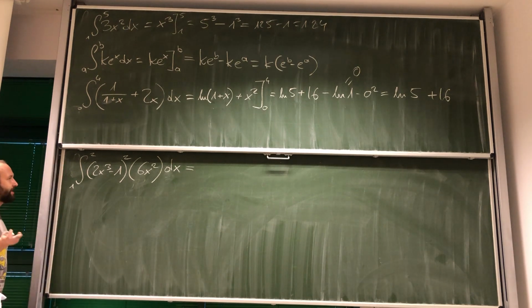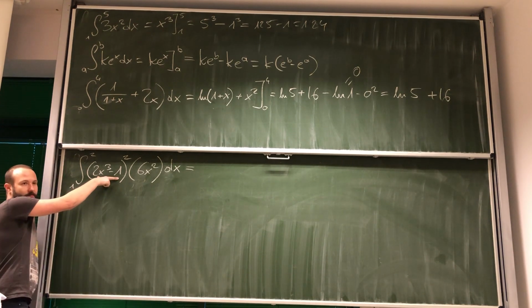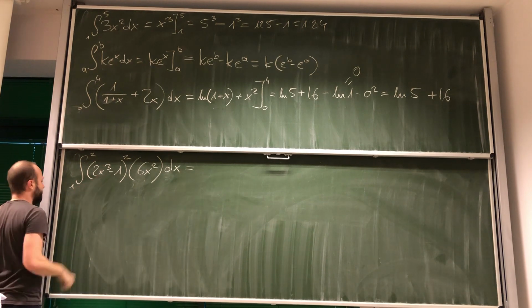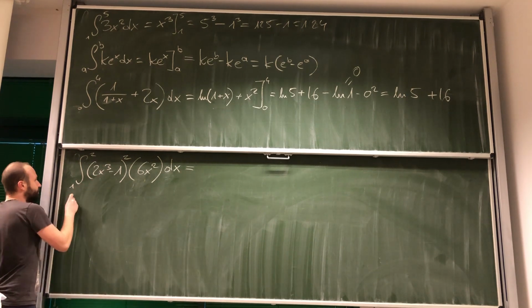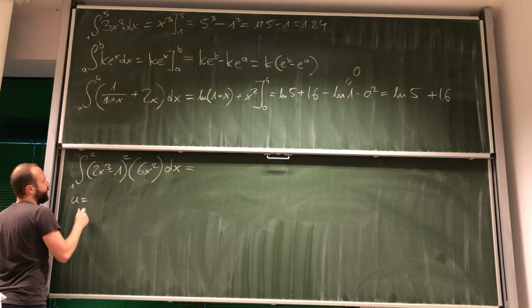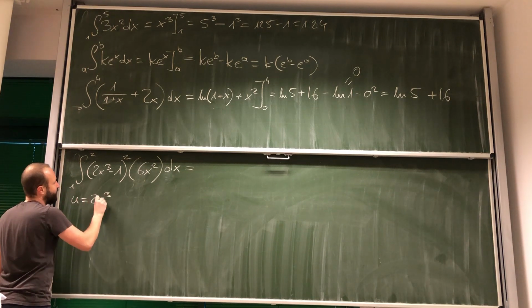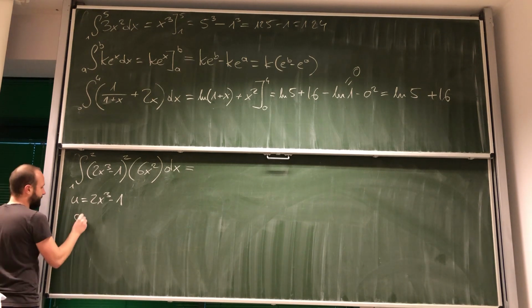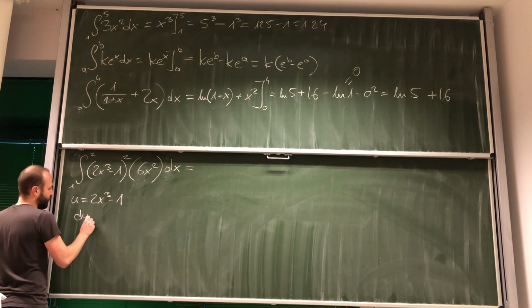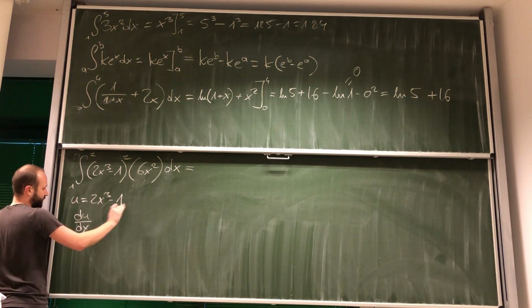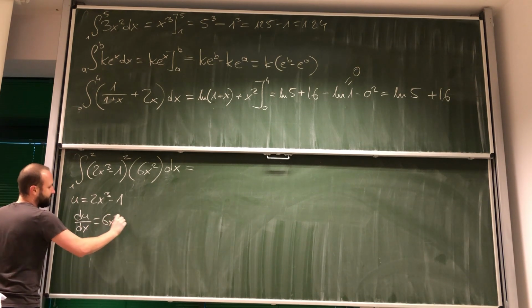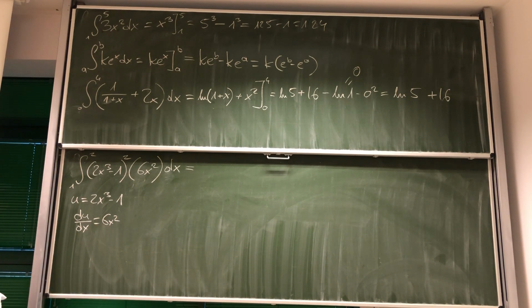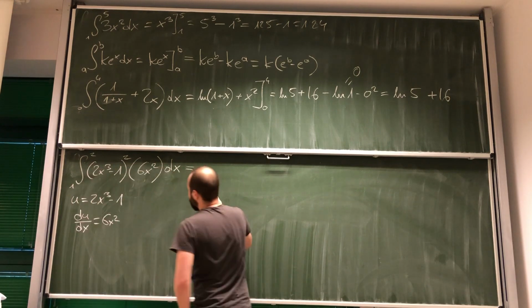What is the problematic term? Well, the problematic term is the one we've got over here. So, we choose our u to be 2x cubed minus 1. And look, in this case, du/dx, the derivative of u with respect to x, is 6x squared. Right? So, what do we do next?